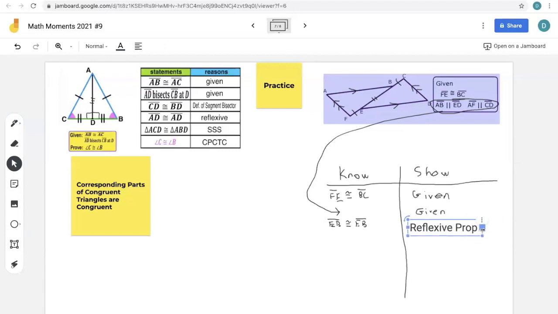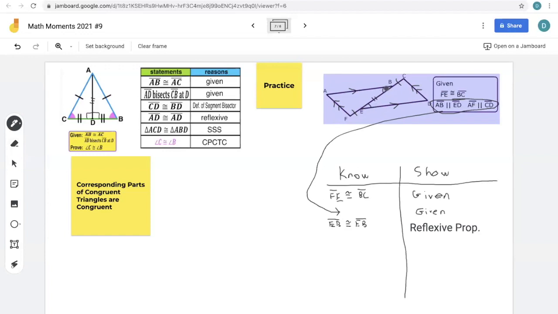Then we know that we have parallel sides here. Something that has been very helpful is when you have two parallel lines that are cut by what you call a transversal, you can have different angles that you know are congruent. So, for example, I know that this angle here is congruent to this angle here. So we'd say angle B is congruent to angle E. And that is by a theorem called alternate interior angles.